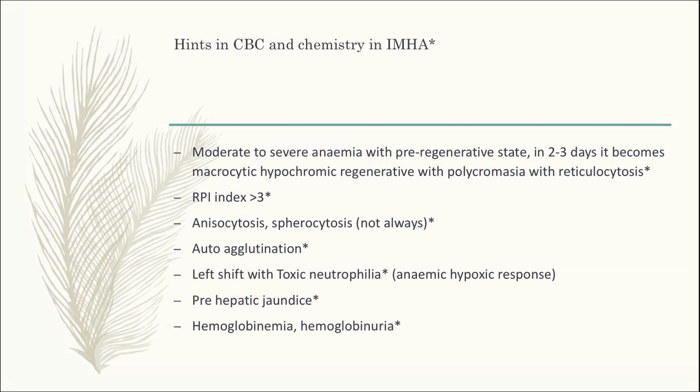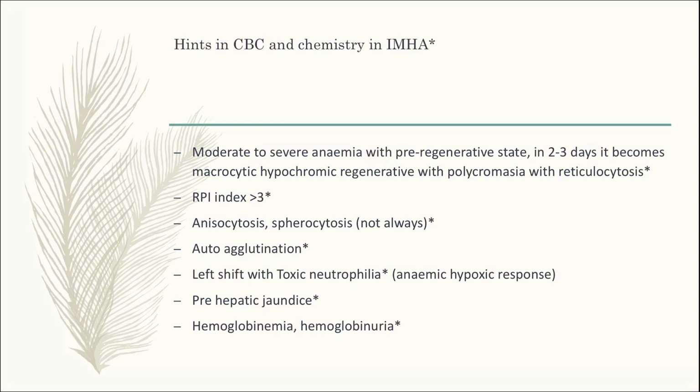Like you won't see polychromasia, you won't see nucleated erythrocytes, and in CBC you won't see changes related to regeneration. That is called as pre-regenerative state, and it is usually 2 to 3 days in small animals. So whenever there is anemia, you need to actually wait for 2 to 3 days to see an adequate response to anemia. Before that, you should not conclude the anemia as non-regenerative.